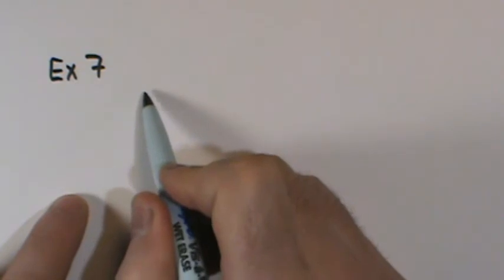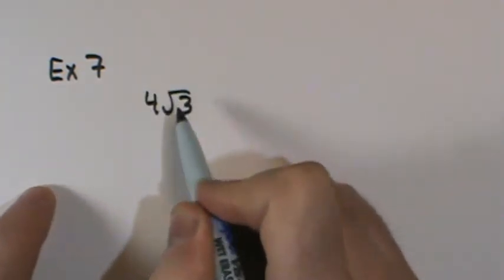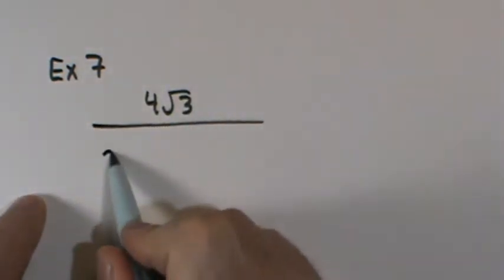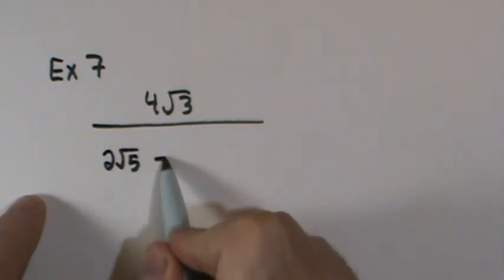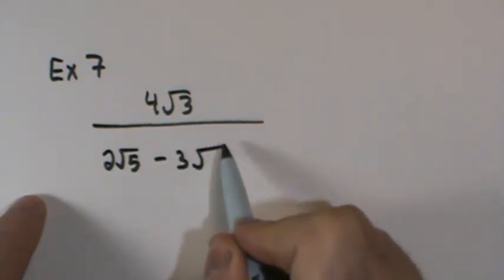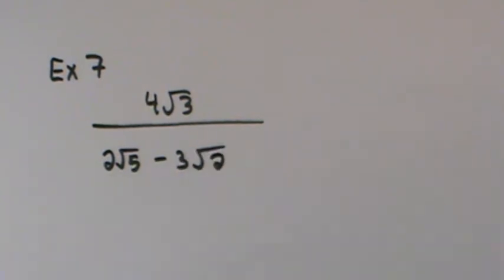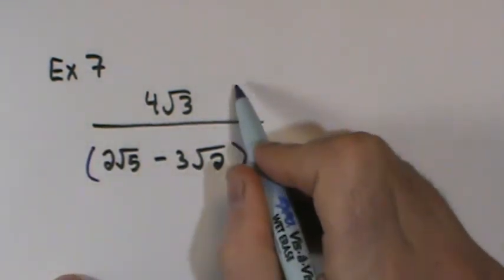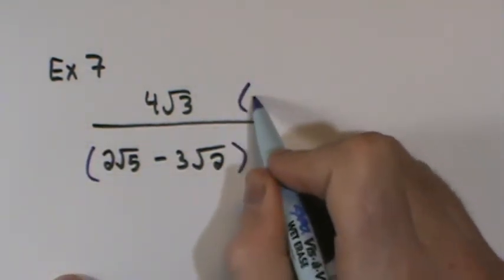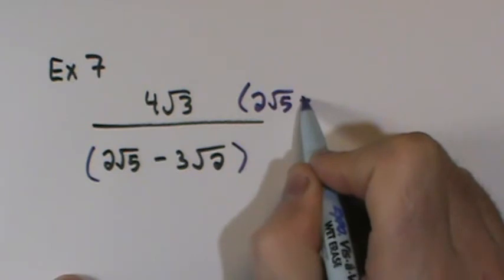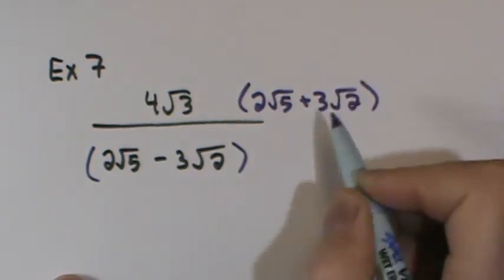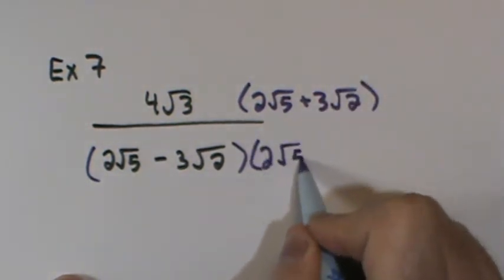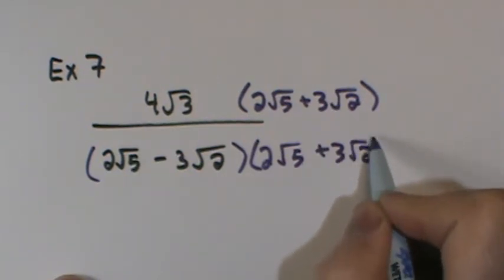So let's say we had 4 radical 3 over 2 radical 5 minus 3 radical 2. So the easy part here would be that we're going to multiply by the same terms. All we do is change the sign. 2 radical 5 plus 3 radical 2.